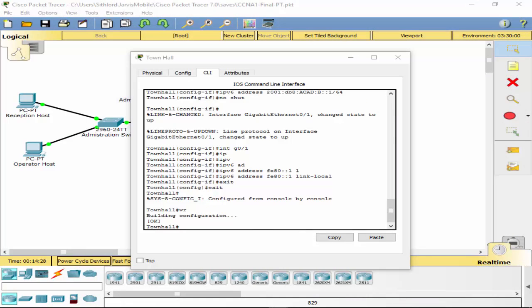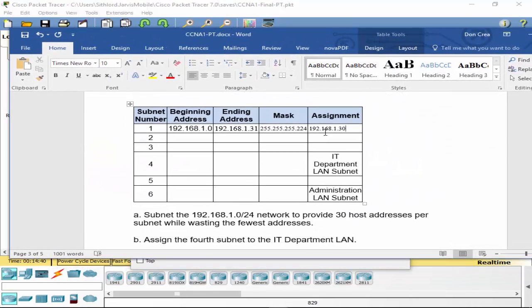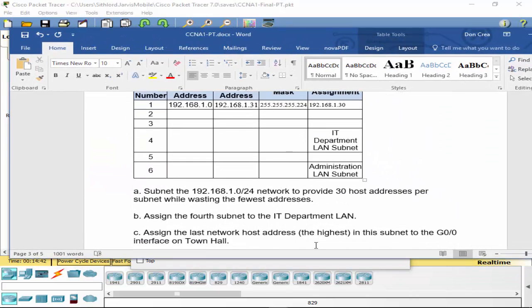Okay, so it did say, oh wait, so first it says assign the fourth subnet. Oh, okay, I skipped a step. It says assign the fourth subnet to the IT department. Alright, so this one would be .32. This one would be .64.